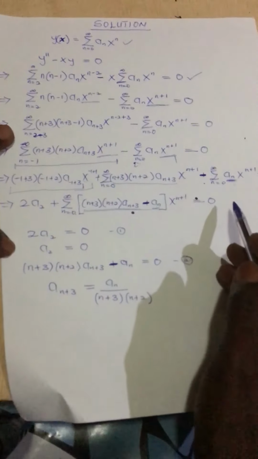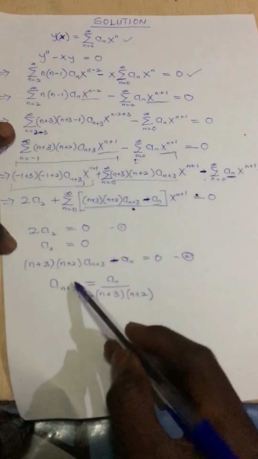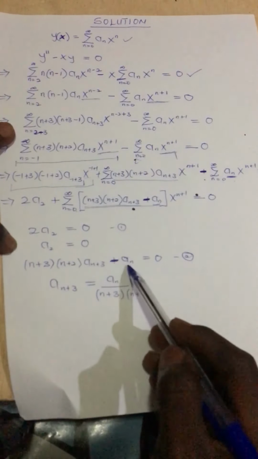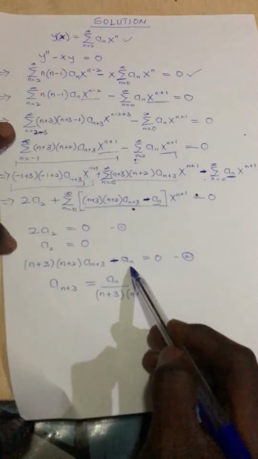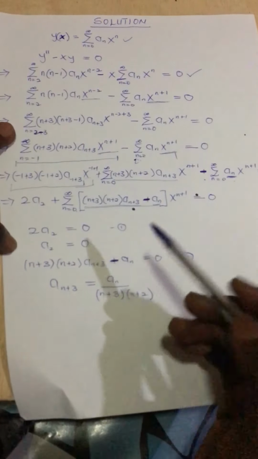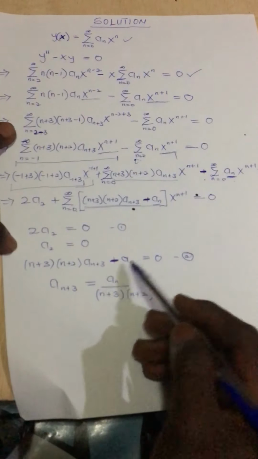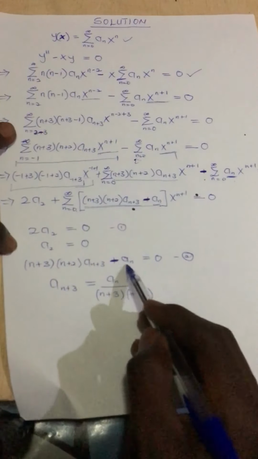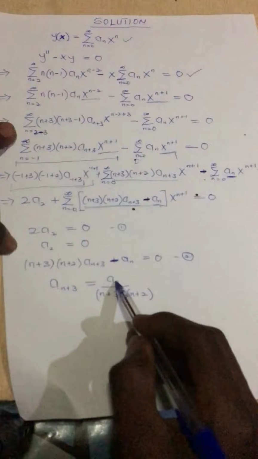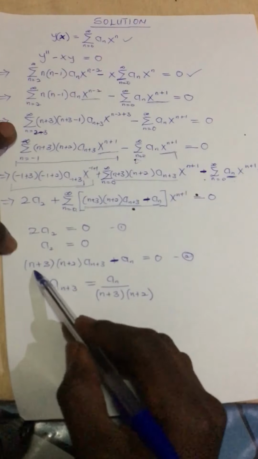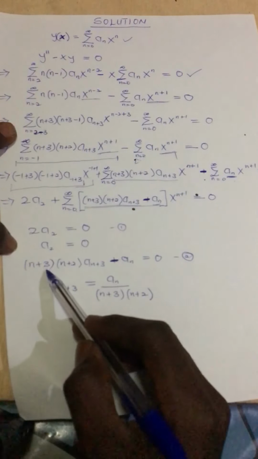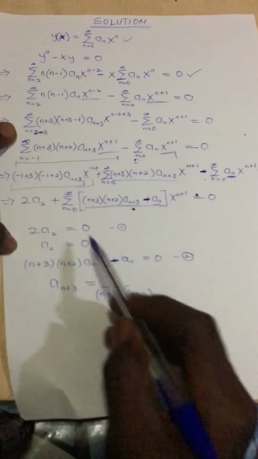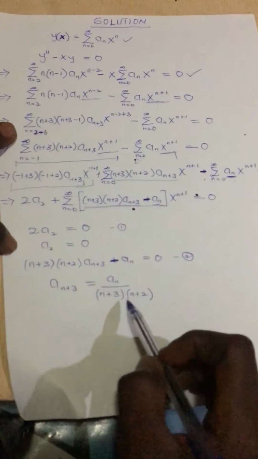Are you okay? So when we equate this to 0, we have this minus an subscript n equal to 0. So we can group like terms, then we factorize. So when we send negative an to the other side to become positive, then we divide by n plus 3 into bracket, another bracket, n plus 2.